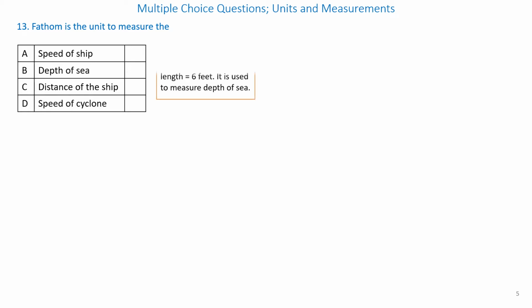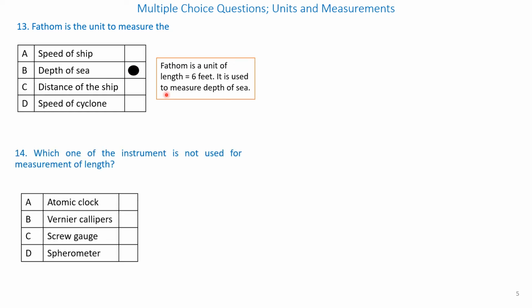So let us analyze. Fathom is a unit of length that is equal to 6 feet. It is used to measure the depth of sea, and this answer is given in choice B. So you mark it.